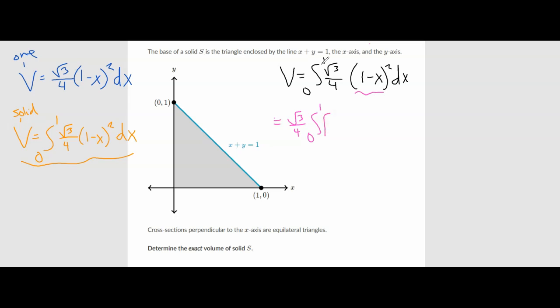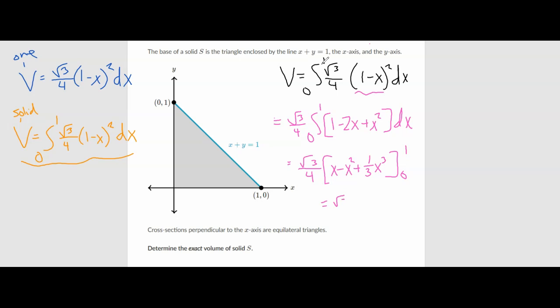So I'm going to get 1 minus 2x plus x squared dx. Let's go ahead and take the antiderivative. I'm going to get x minus x squared plus 1/3 x cubed. Evaluate from 0 to 1.